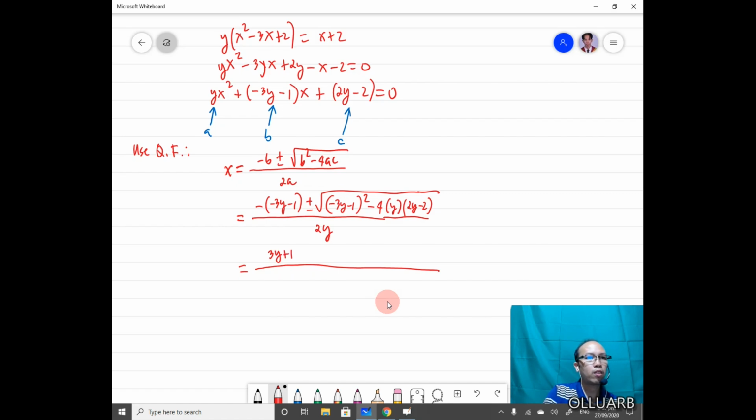We have 3y plus 1 plus or minus the square root of: square the first term, we have 9y squared, positive 6y, the last term is 1, minus distribute this one, 8y squared, and negative times negative gives positive 8y, over 2y.